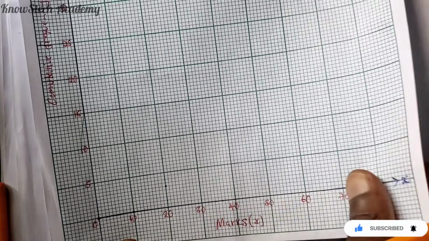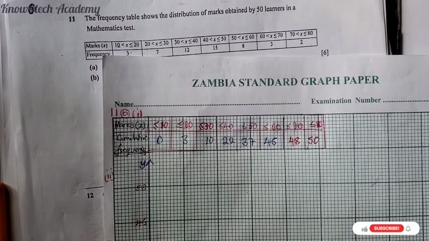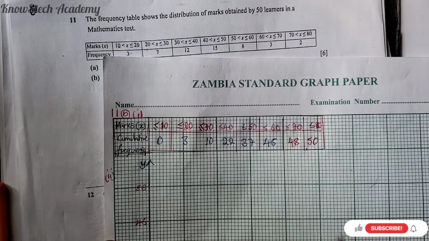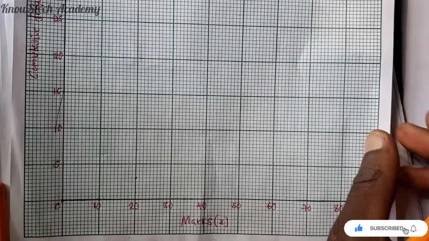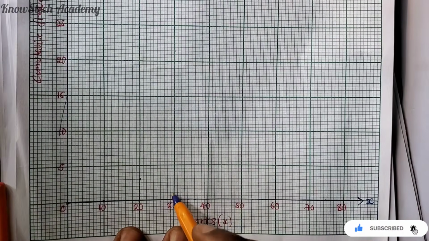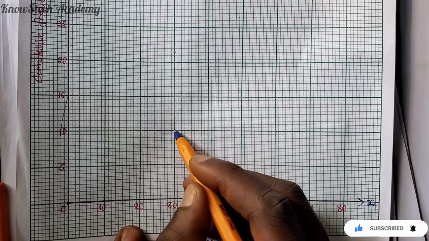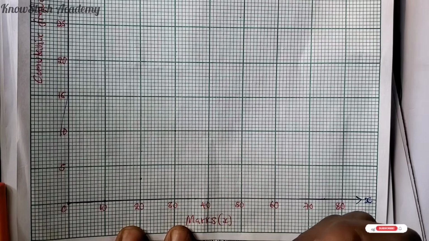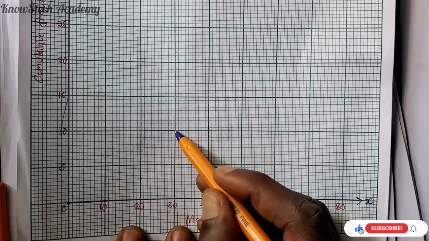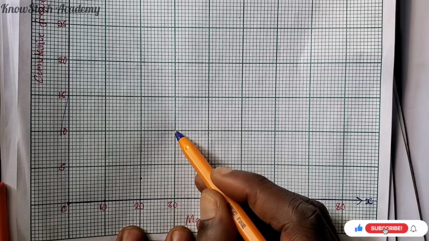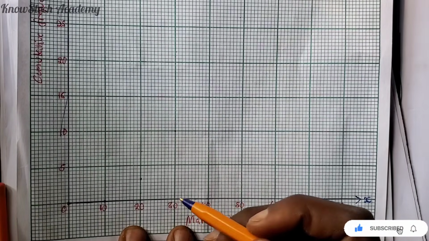Next coordinate is 30, 10. Okay, 30, 10, we go on our graph. 30 is here and 10 is here, so it will be just like this. Simple as this.